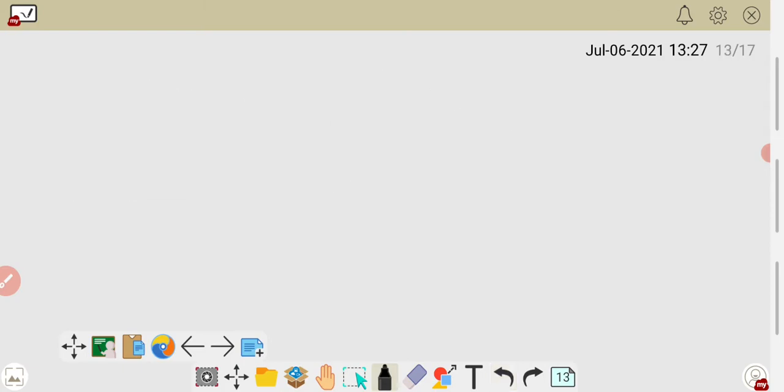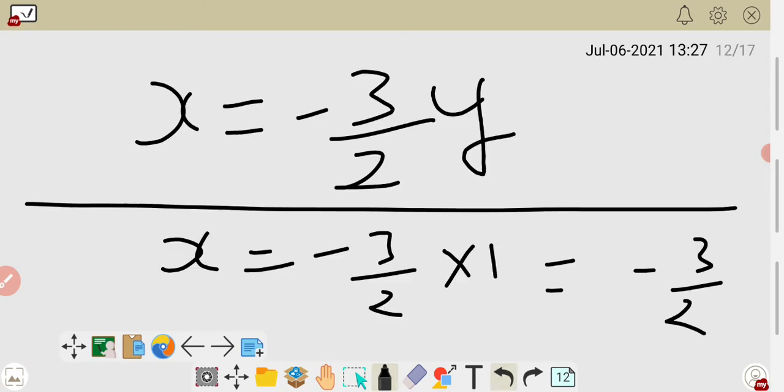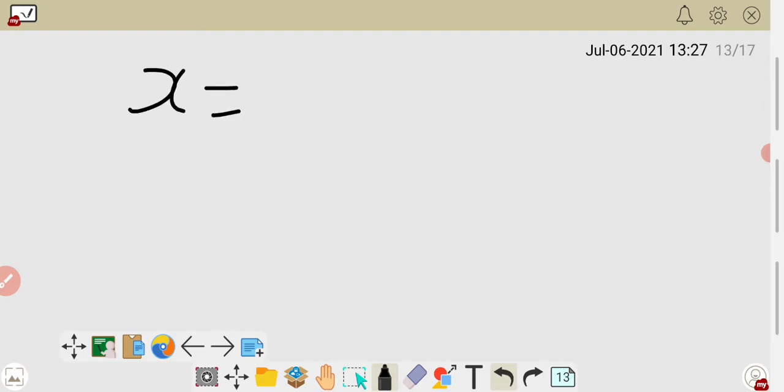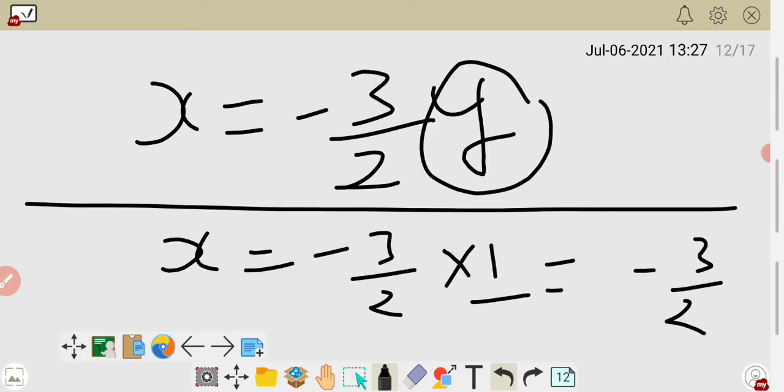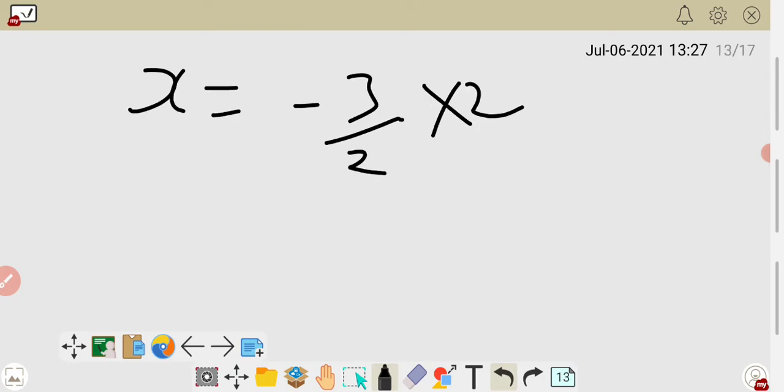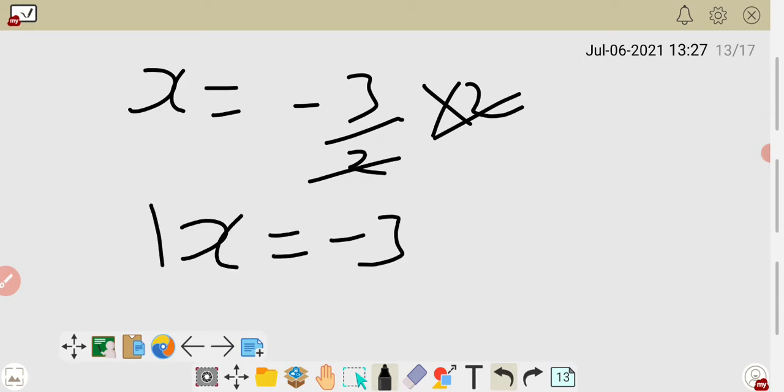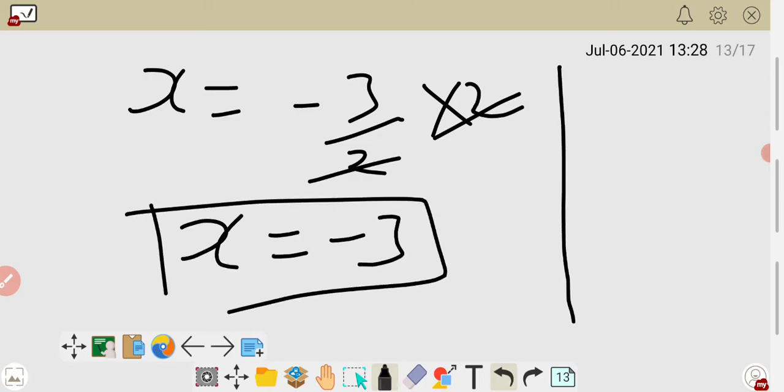Now you put 2 in place of y, so what value do you get here? Minus 3. Now you take two different values.